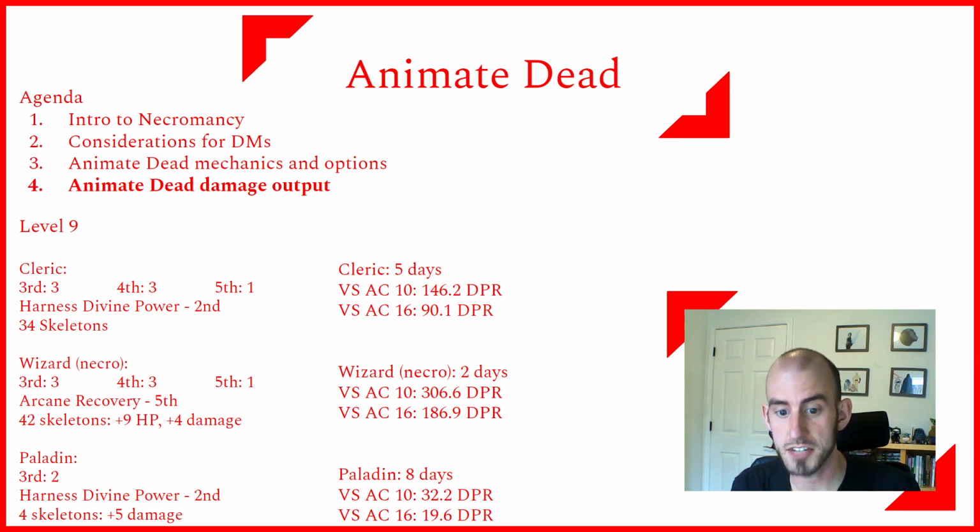Their army of skeletons is now capped at 42, and those skeletons each get +9 health and do +4 damage. So again, because the Necromancer can raise Animate Dead faster, it would take them 2 days to assemble this army of 42, assuming they had access to enough piles of bones, and they would do 306.6 DPR against an armor class of 10 and 186.9 DPR against an armor class of 16.